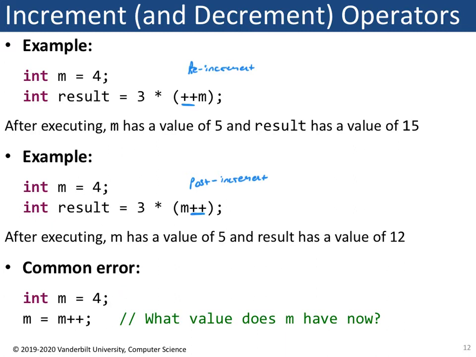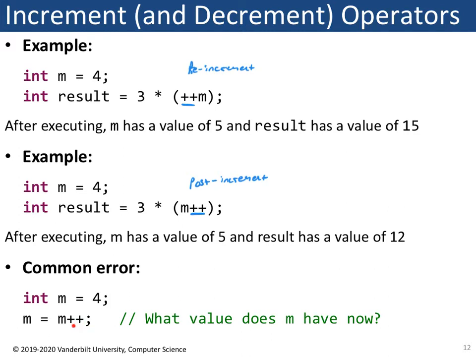If you have a variable m, which has the value 4, and then you attempt to assign m the value m++, then the way that this will execute gets a little bit complicated, and it's important to understand exactly what has precedence and what will execute in what order. First, the unary operator has precedence over the assignment operator.